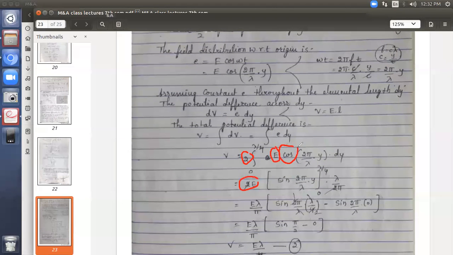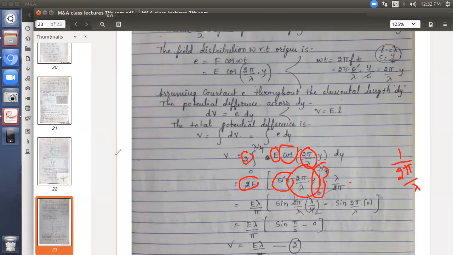Now what is the integration of cos? It is sine of 2 pi by lambda into y. Apply the limit 0 to lambda by 4. Now what is the coefficient of y? It is 2 pi by lambda. So you have to multiply by 1 by 2 pi by lambda, right? It will become lambda by 2 pi.